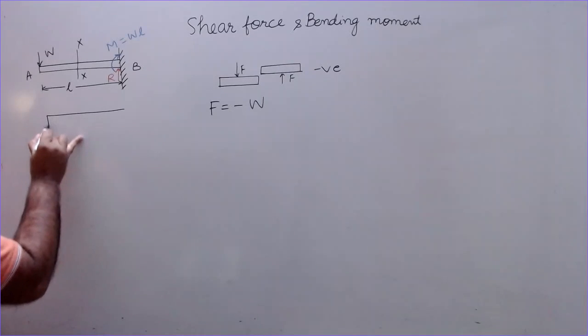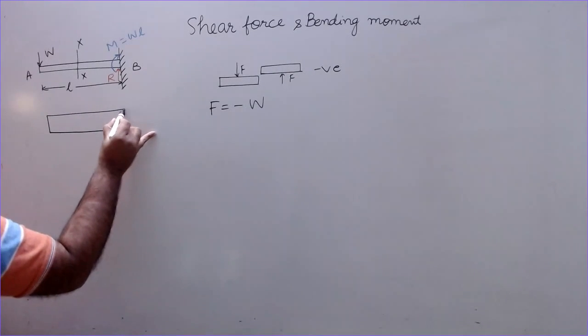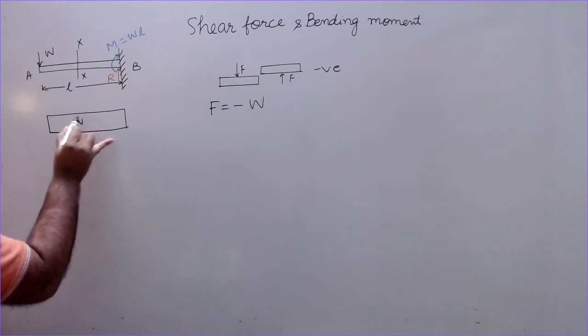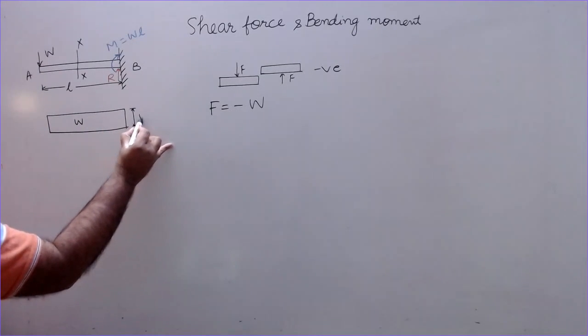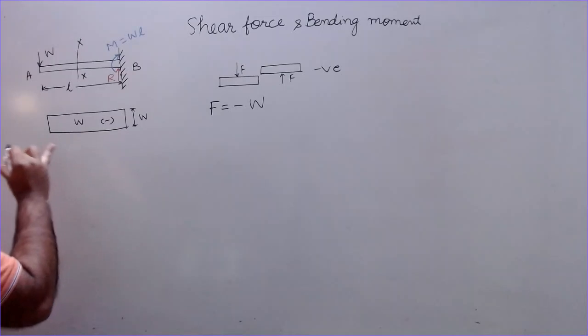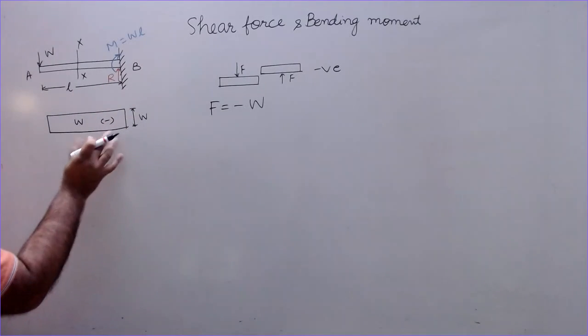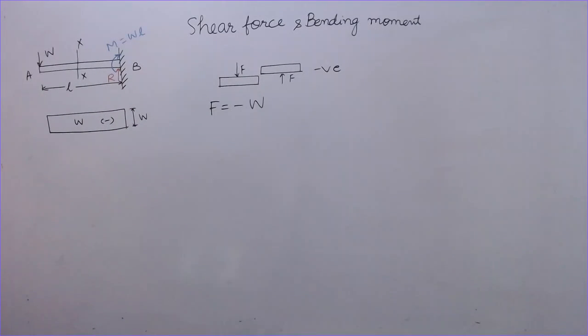The shearing force is constant, so draw a rectangle. This is W, minus, and the length is L. This is the shear force diagram.